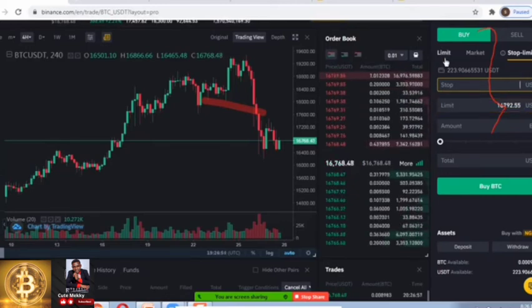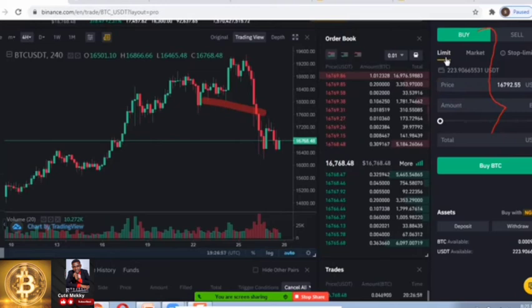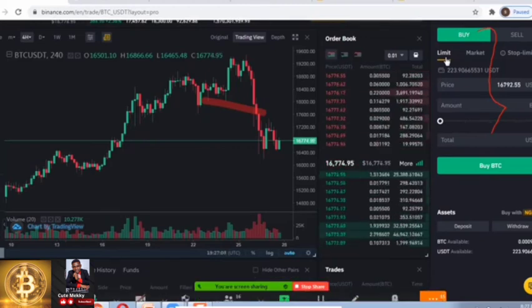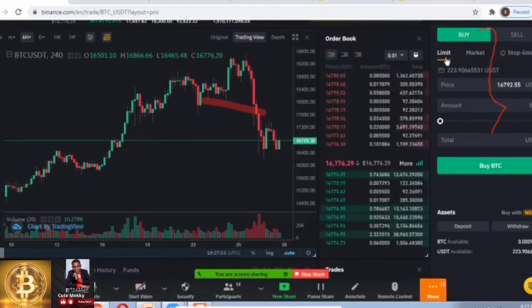Or you just buy at a limit order and allow price to do whatever it wants to do, or you watch it. So it's different from FX, where you have buy stop, buy limit, sell stop, sell limit, and you set your various TP and SL.